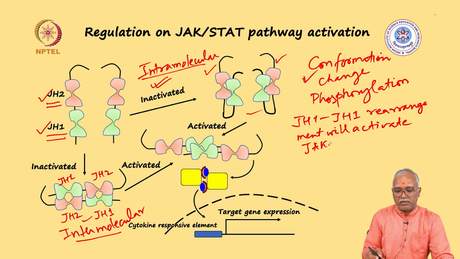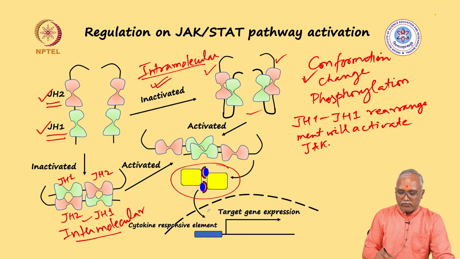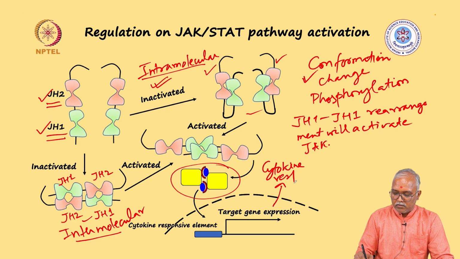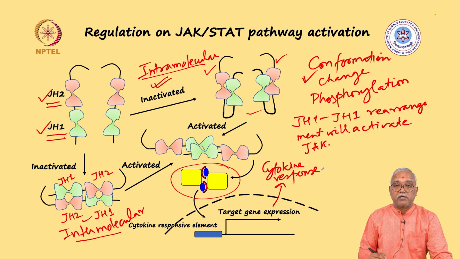STAT will also be phosphorylated. It will dimerize and then go inside the nucleus and carry out the transcription of the desired gene to meet the cytokine response, often, but not necessarily every time, because there are several ligands which are known for the JAK-STAT pathway.